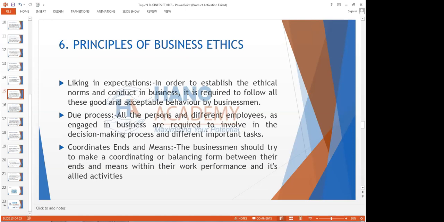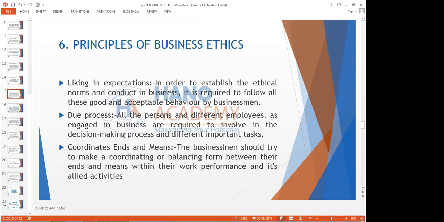All businessmen or business ladies are required to involve others in the decision-making process in the different important tasks. So you involve all the players in the decision-making process in the important tasks. So that's what we are referring to as due process. You involve everybody in decision-making in the different important tasks.